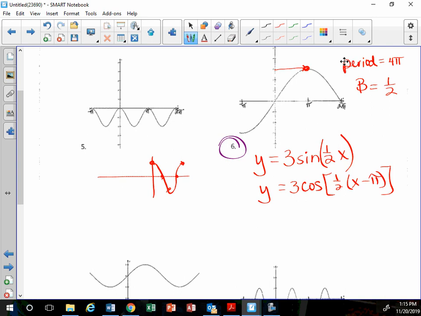Okay? From the y-axis, I went this way, right? It's not how do you turn this graph back into the original, it's what did the original do to become this one. Does that make sense? Sure.